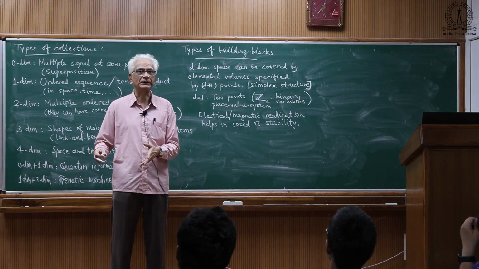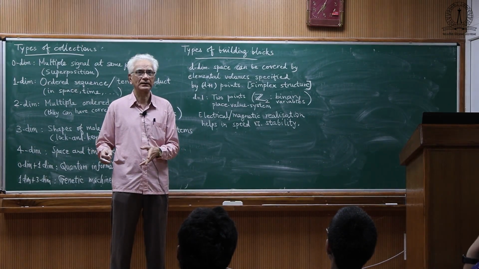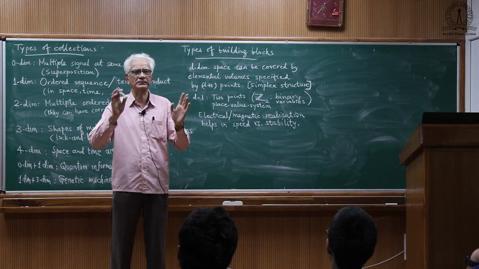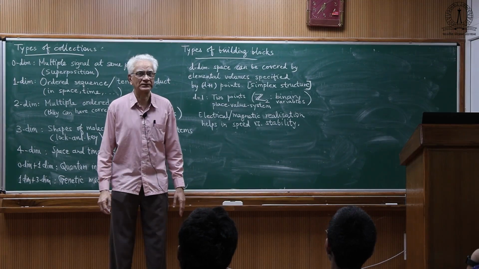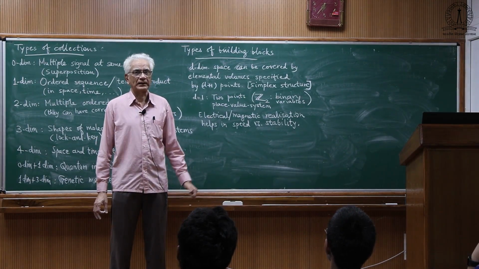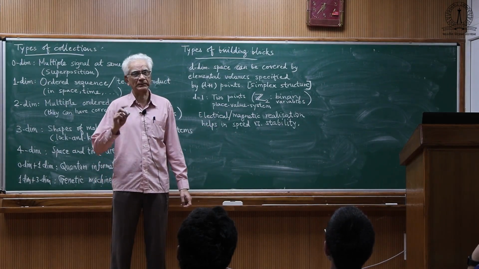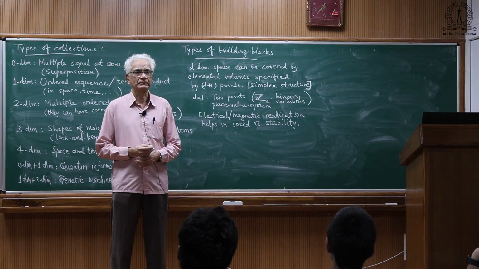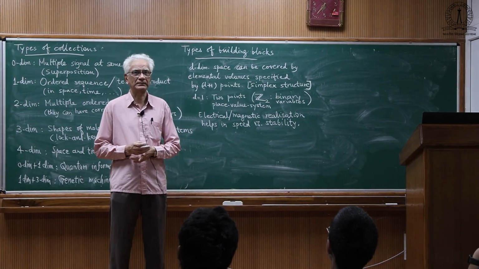Now look at what happens in a binary system. We have only two numbers, 0 and 1. And so we have to deal with only 2 by 2 tables. That is a drastic simplification in terms of the number of operations.